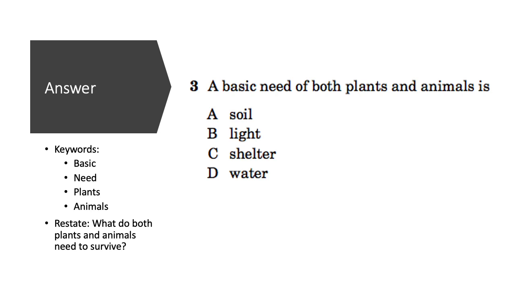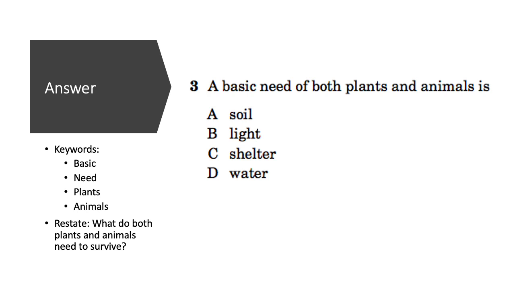The keywords for the prompt, a basic need of both plants and animals is, are basic need, plants, animals. Now, when I did my restate, I made sure to include plants, animals, and need, but I didn't include basic. Maybe you can see what word I replaced basic with.